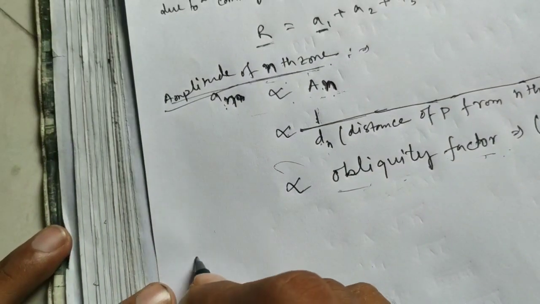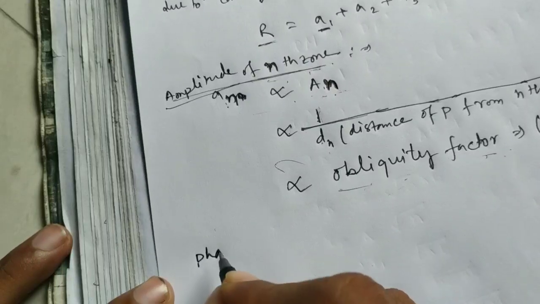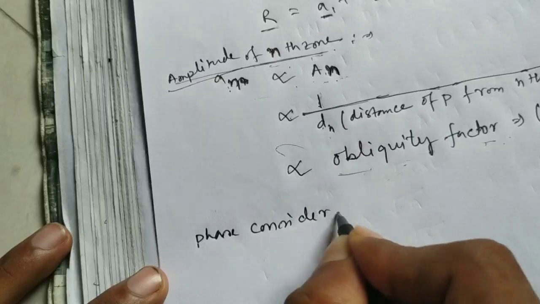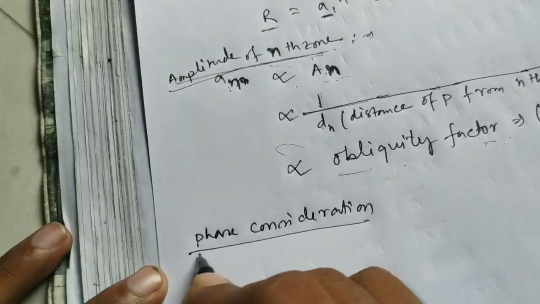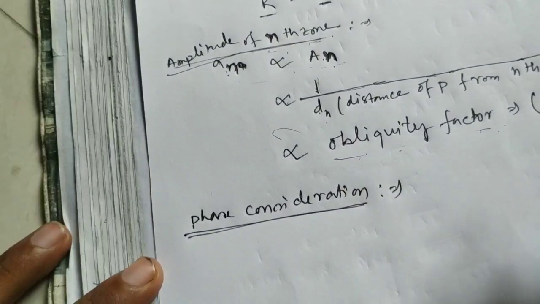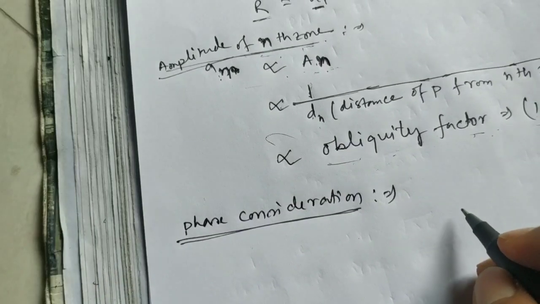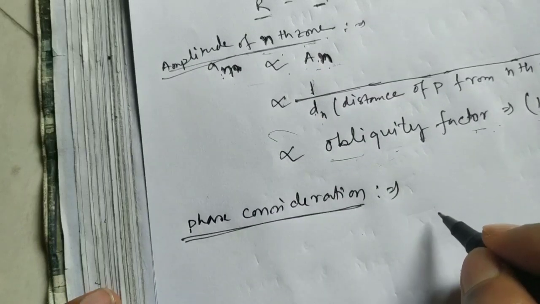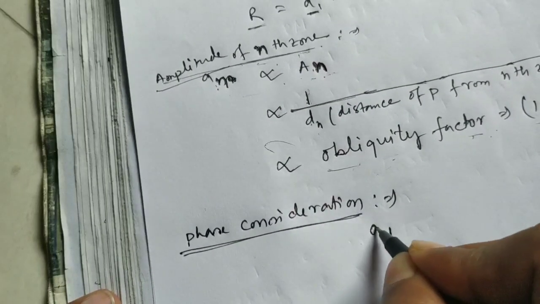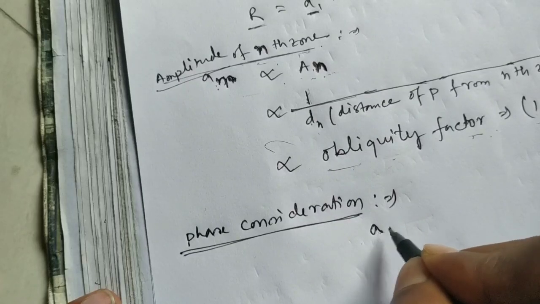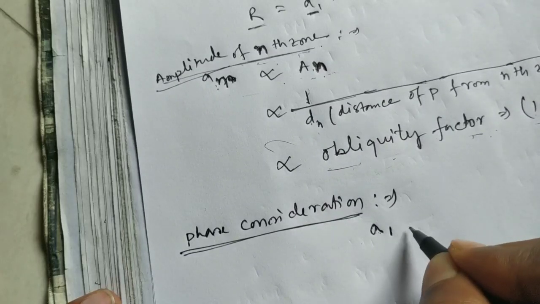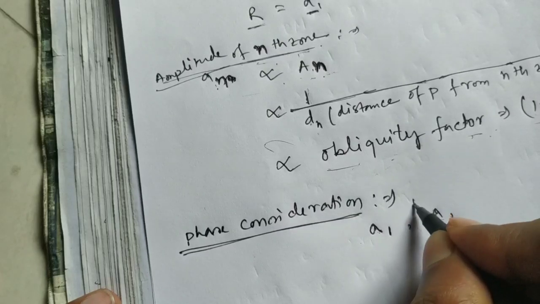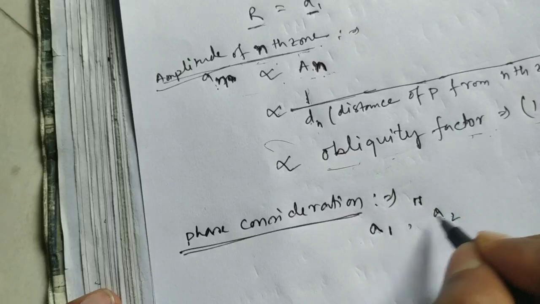Now if we consider that alternate zones have opposite phase, if A1 has one phase, then A2 has a phase difference of pi, so these are opposite phase.